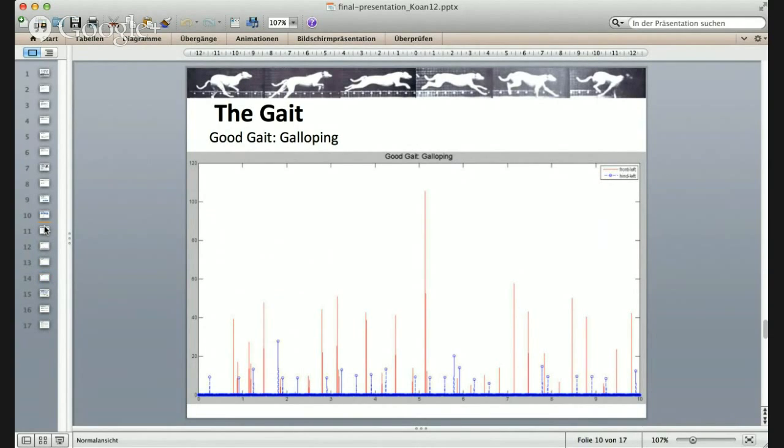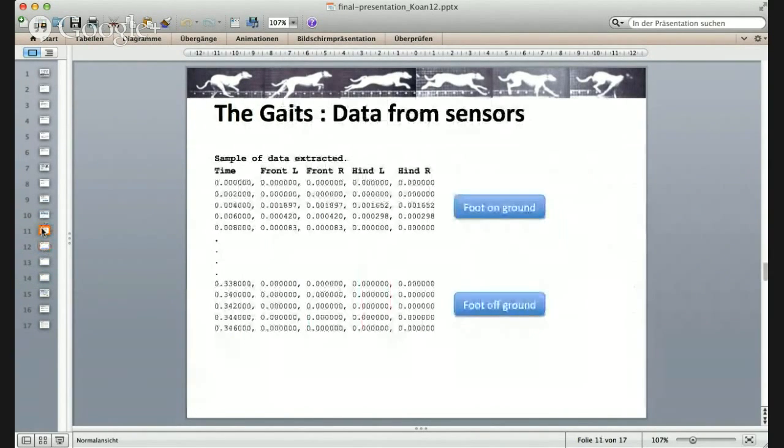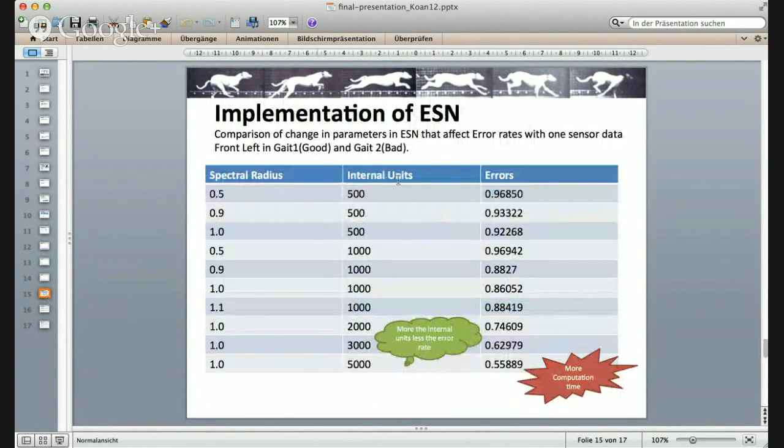He fed the data in. Well, where is this thing? Yes, he fed the data, the time was 20 seconds, then for the 4 sensors here, he fed it into the echo network, and at first with the original values or parameters, there was a very high error rate, but then he increased the internal units quite high, and then the error rate dropped.